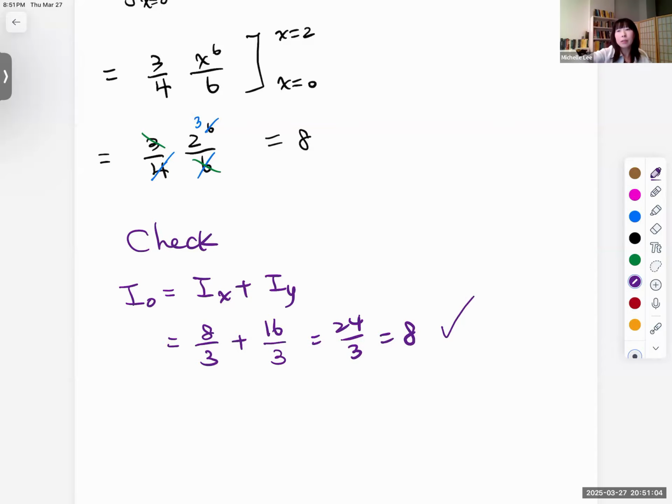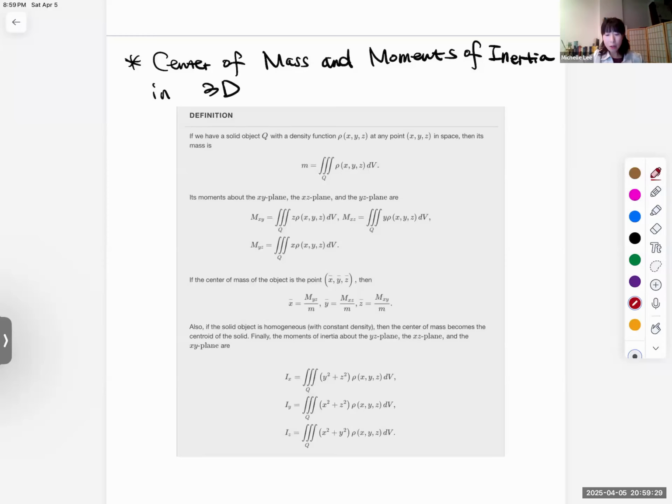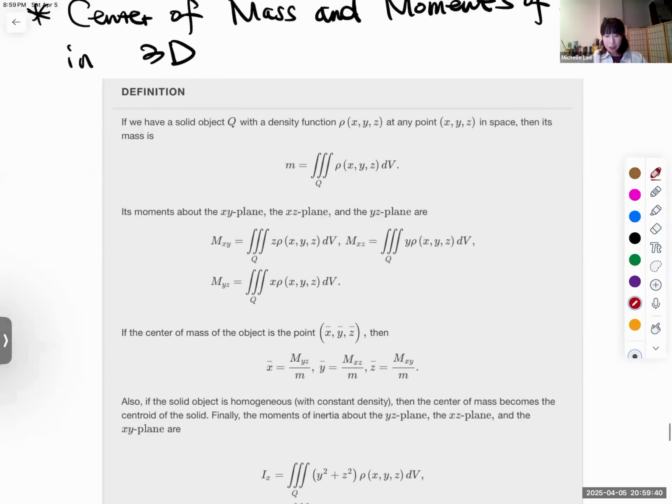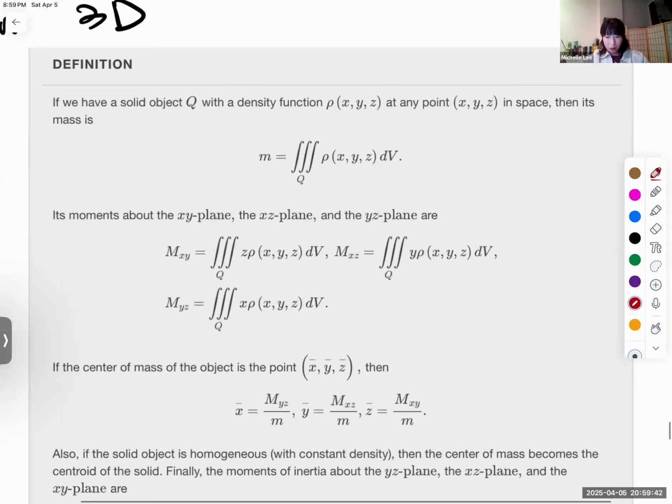Very good. All right. So now we have the center of mass and moment of inertia in 3 dimensions. So we have a triple integration here. Let me see. Yeah, highlight. So we have region Q, then we have a density function rho.